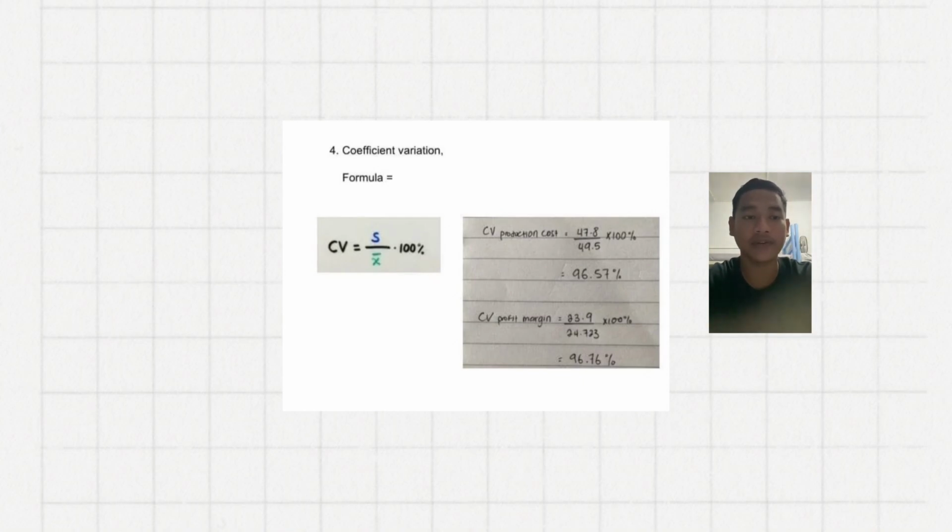The CV of production cost is 96.57, and the CV of profit margin is 96.76. So the CV of profit margin is higher than production cost. Okay, thank you.